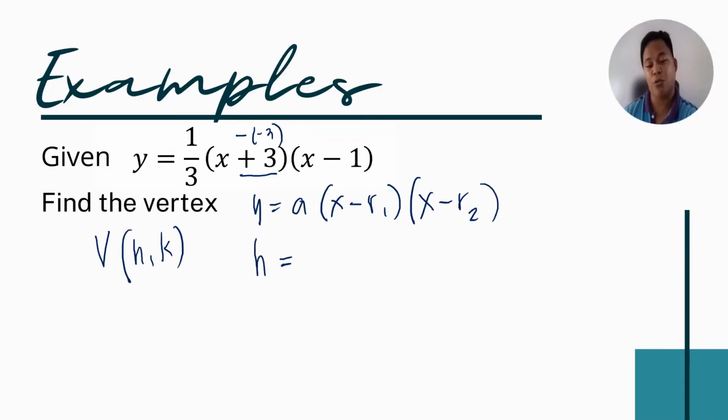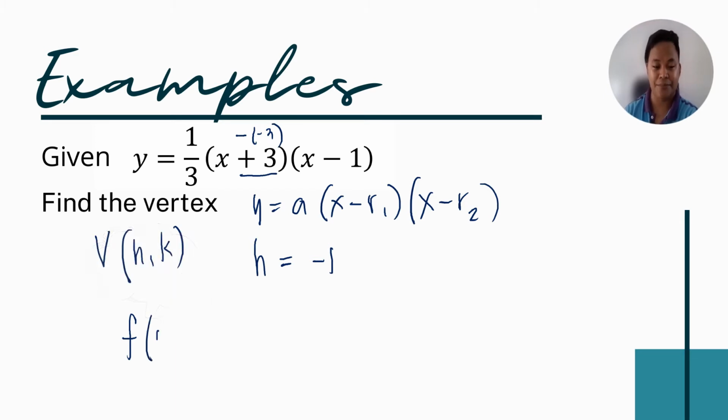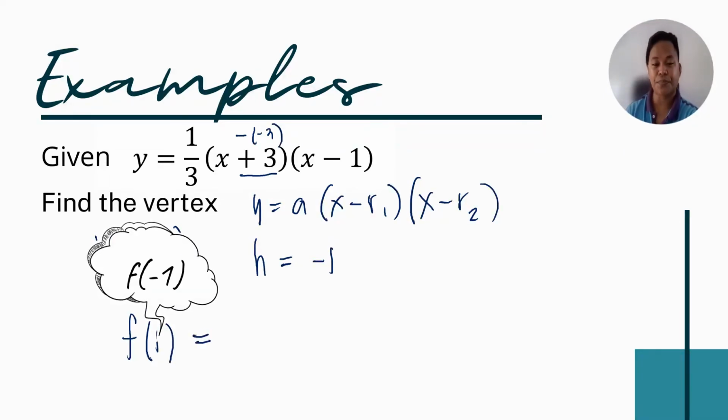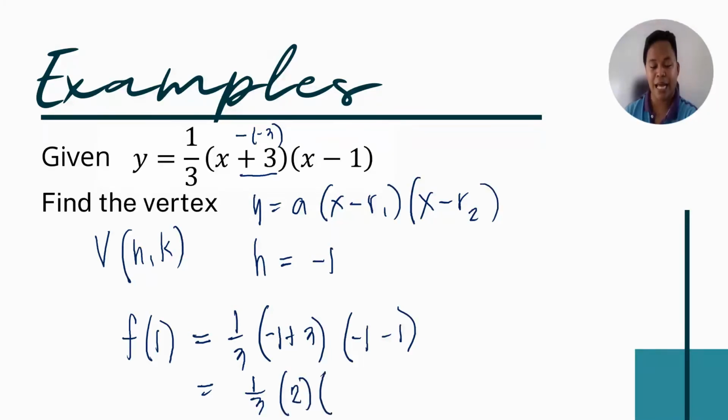Since h is equal to negative 1, we're going to use this value to find the value of k. It's equal to 1/3 times the quantity negative 1 plus 3 times the quantity negative 1 minus 1, which is equal to 1/3 times the quantity negative 1 plus 3, which is positive 2, times the quantity of negative 1 minus 1, which is negative 2.